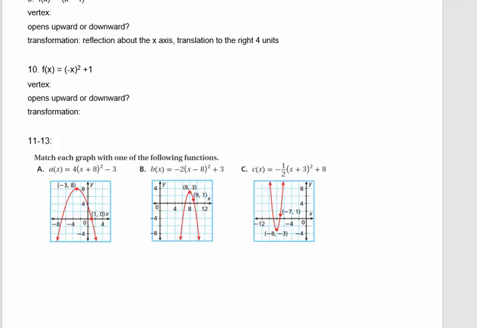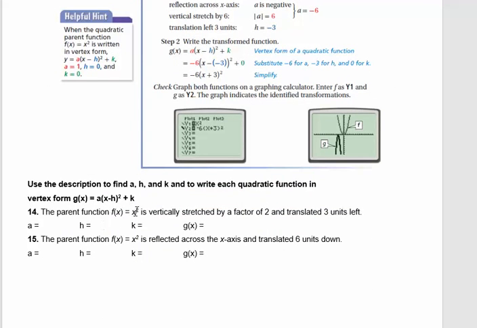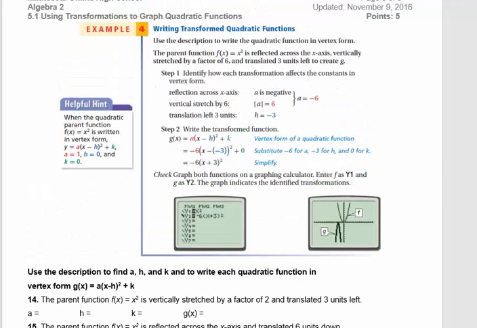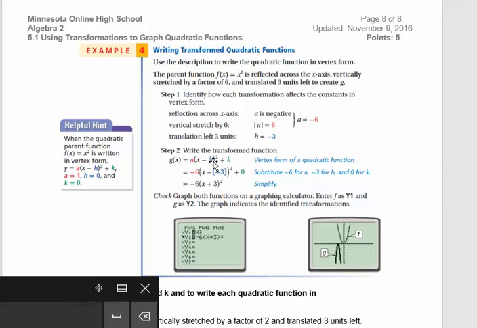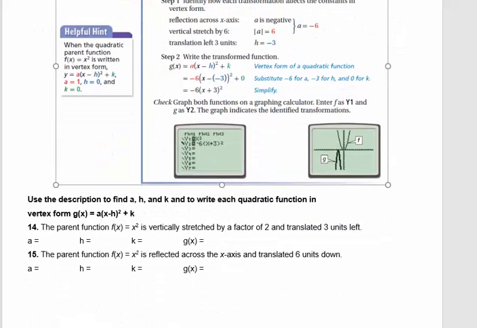And then the last section is going to be taking some information about how it has been transformed and using that to write an equation. And we're going to use the a, the h, and the k in order to write our equation. So if we can figure out what those are, all we have to do is plug them into our vertex form.